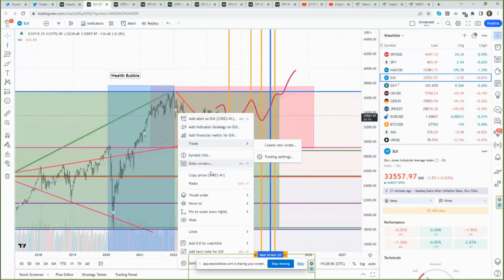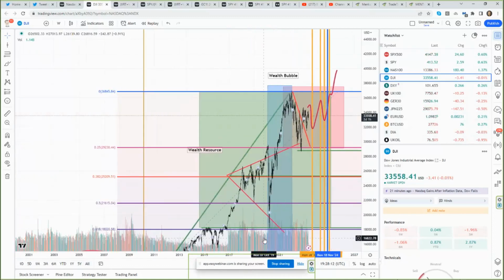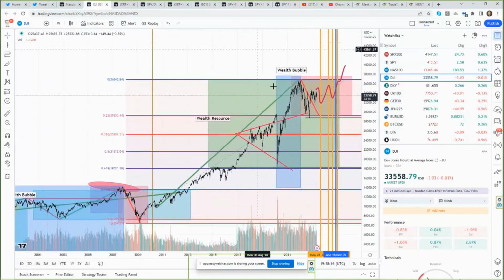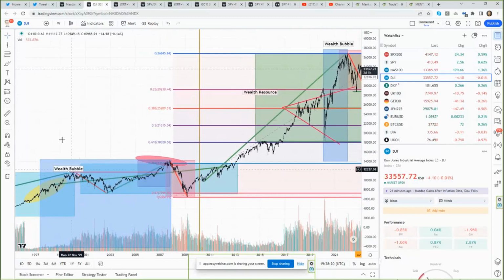Now, understand that when we take a look at this consolidation, we need to remember that we have gone through a massive wealth bubble. How do we control these wealth bubbles? Well, these wealth bubbles take an excessive amount of time. Look at how much time it took over here for the wealth bubble that was created over here to unwind.